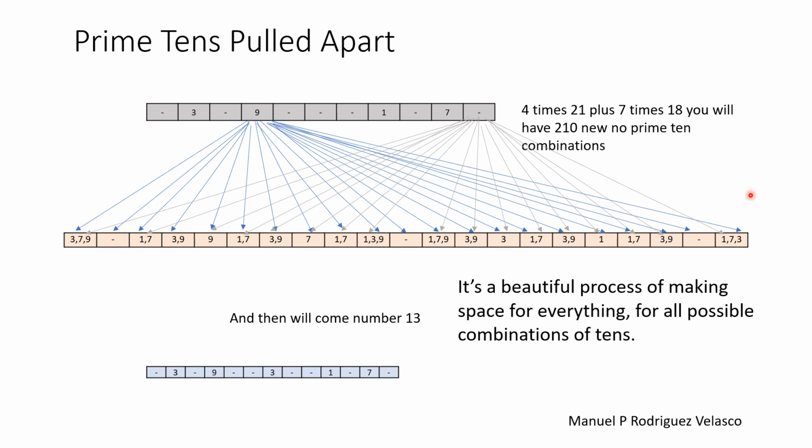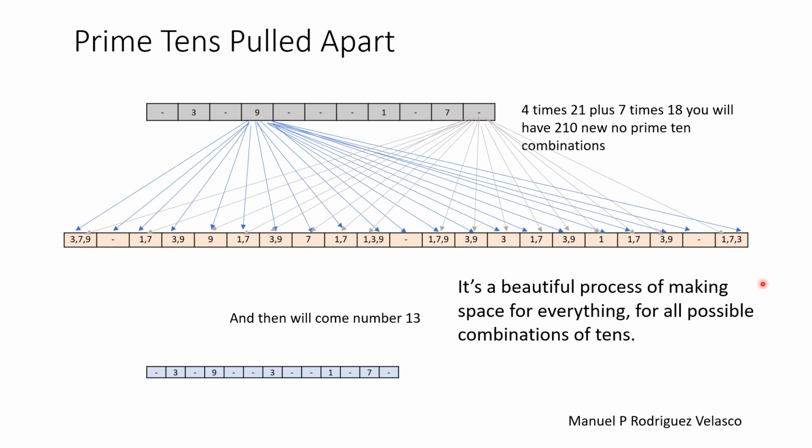But also you have the prime tens of the cycle of 11, and those prime tens are 7. They're gonna combine with the non-prime tens of the cycle of 3 and 7 to form more combinations of non-prime tens. So you're gonna have 4 times 21 and 7 times 18, because there are 18 non-prime tens in the cycle of 3 and 7.